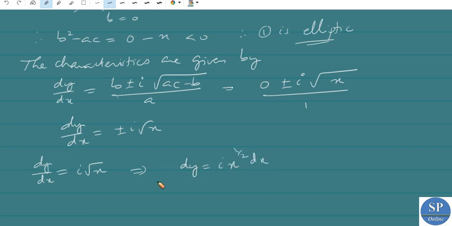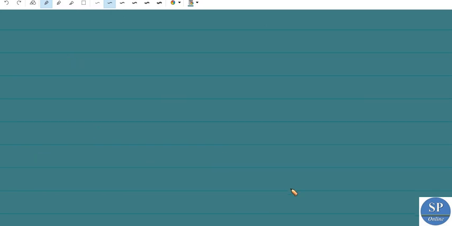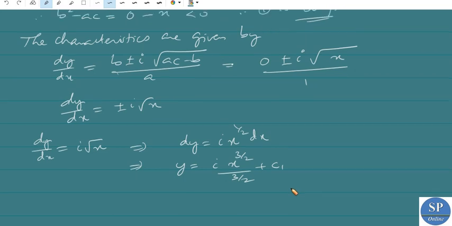So on integration we get y is equal to i into x power 3 by 2 divided by 3 by 2 plus a constant of integration c1. So multiplying throughout by 3 by 2 we get 3 by 2 into y minus i into x power 3 by 2 is equal to 3 by 2 into c1, which can be taken as c.